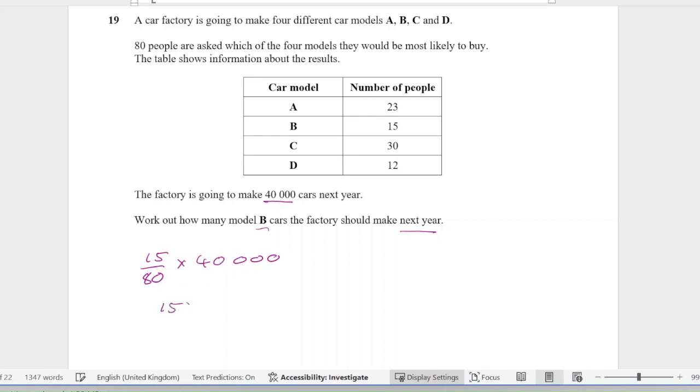So it's going to be 15 times by 40,000 divided by 80 is a half of 1,000, which is 500. Sorry, 5,000. Yeah, 500. And then 15 times by 500. Well, 15 times by 5 is going to be 75 with 2 zeros. So 75,000.